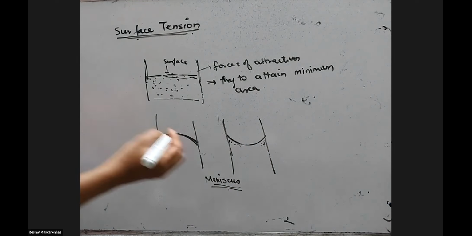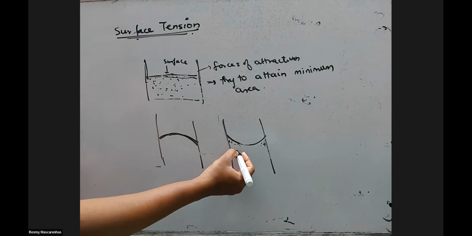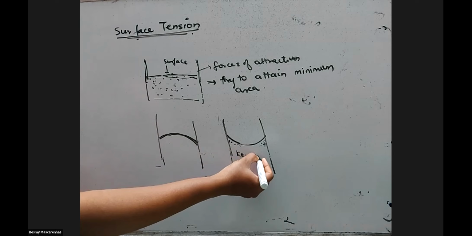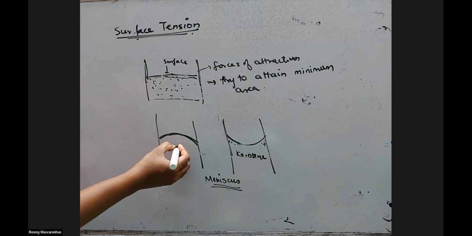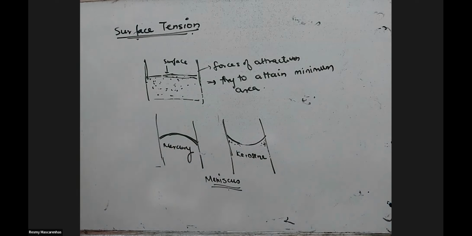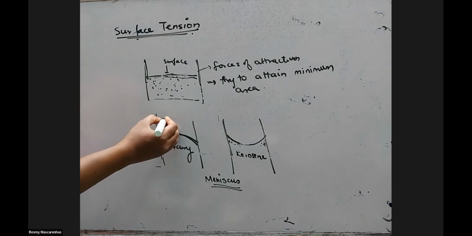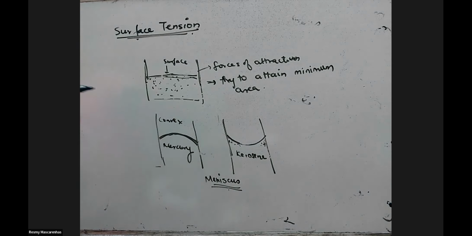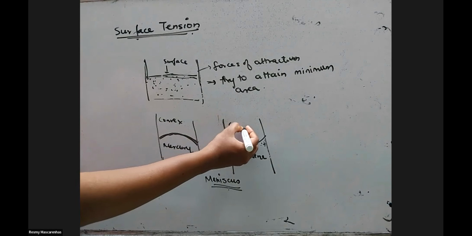For kerosene, you will have something like this, and for mercury, you will have a meniscus like this. This is a convex one, and this is a concave one.